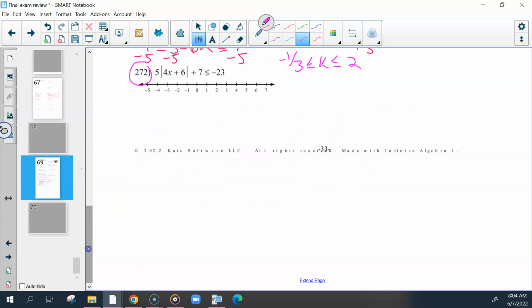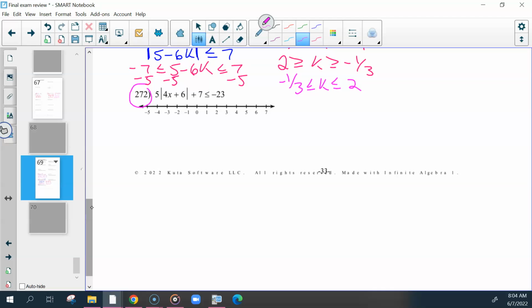For our last one, if we start to solve this, we have to get rid of 7 first. So we could subtract 7 on both sides. And divide both sides by 5.